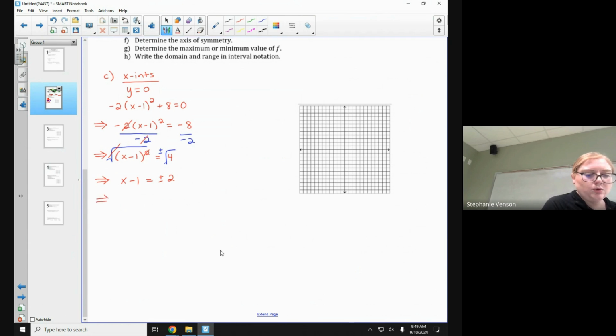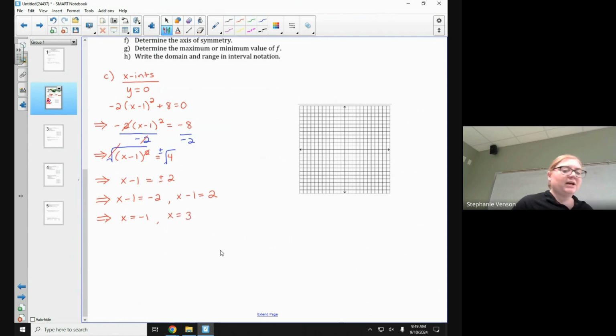All right, so here we go. We have x minus 1 equals -2, and x minus 1 equals +2. Since we have x minus 1 equals plus or minus 2, we just break that into 2 equations. Then in each baby equation, we add 1 to both sides. So -2 plus 1 is -1, and 2 plus 1 is 3.